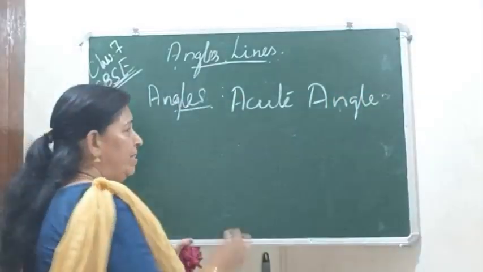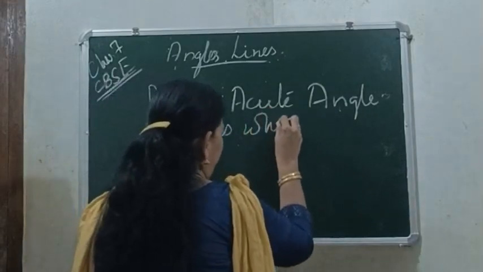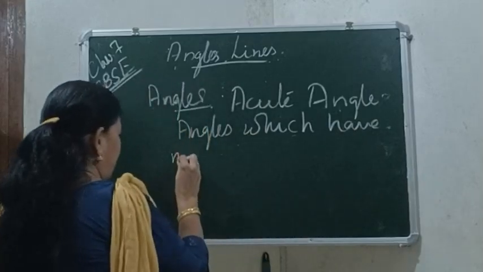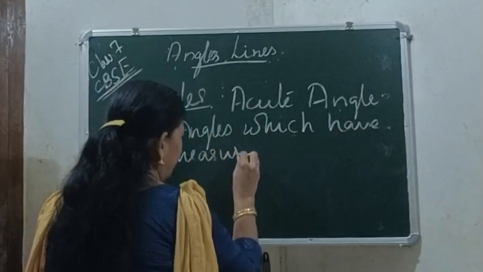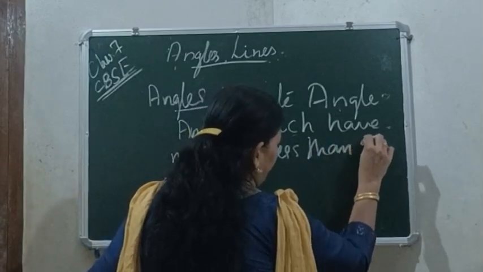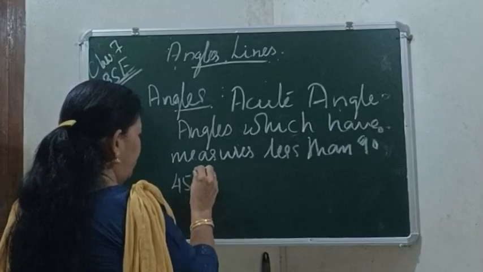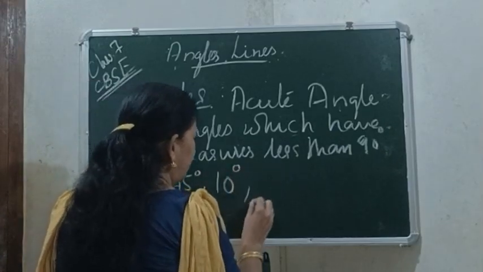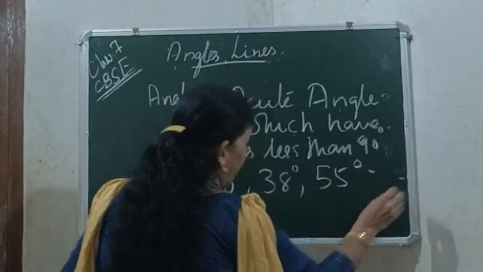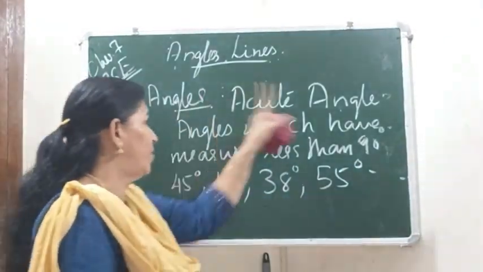Acute angle means angles which measure less than 90 degrees. For example, 45 degrees, 10 degrees, 38 degrees, 55 degrees, etc. All angles less than 90 degrees are known as acute angles.